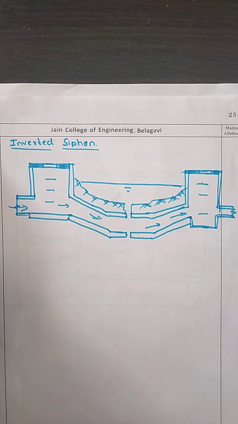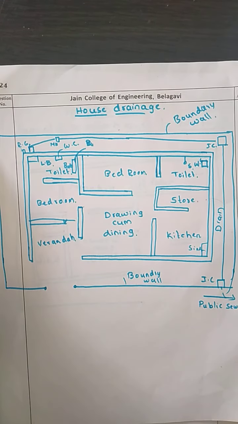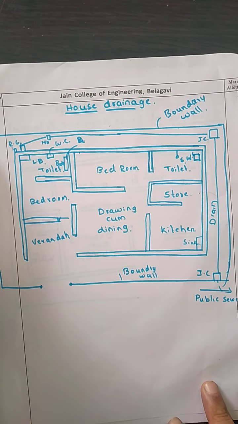Now this is regarding the inverted siphon. We will see now the principles of house drainage. In the previous classes, while introducing the subject, we discussed the water carriage system. The water carriage system and house drainage are similar things.